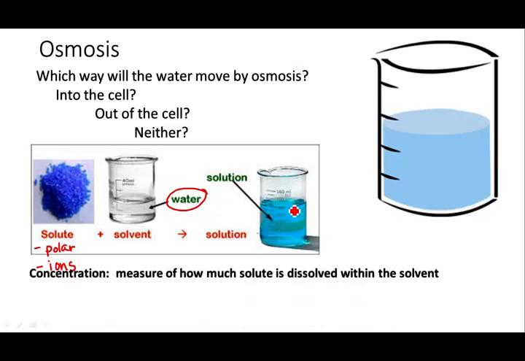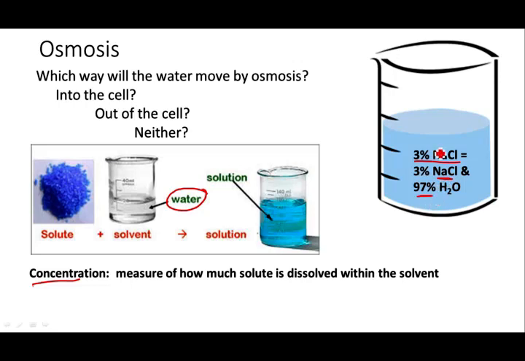Okay, and when you make a solution, the amount of solute to the amount of solvent gives you the concentration, or tells you how strong it is. So we're just going to look at a couple examples here. For example, you could have a 3% sodium chloride solution. What that is telling you is that 3% of that solution is made of sodium chloride, and 97% is water.